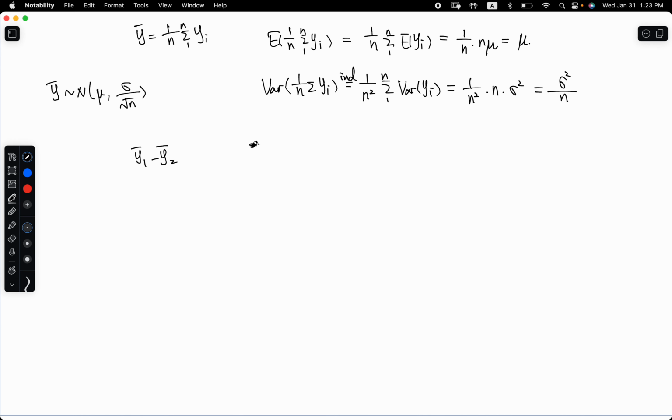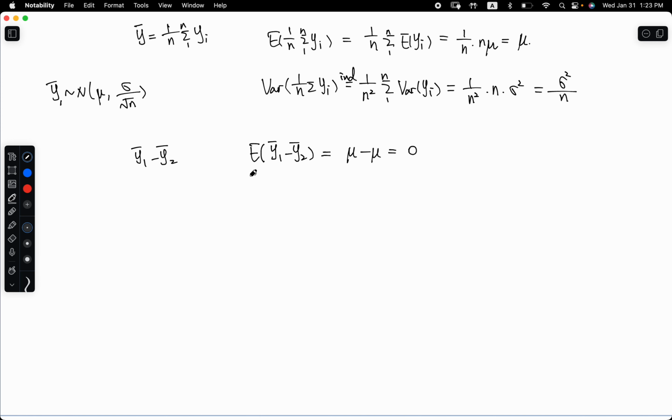So the expectation of that, if you want, you can also elaborate on that, but in the end, you will just see that this is just the mean from y1 and the mean from y2 that will give you a 0.